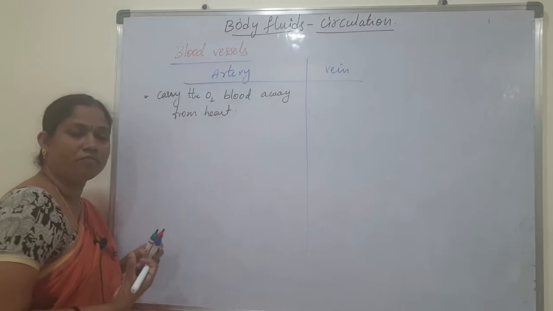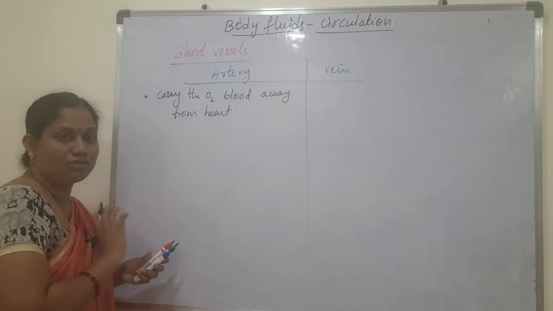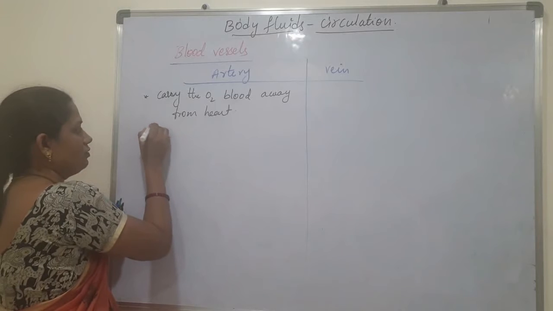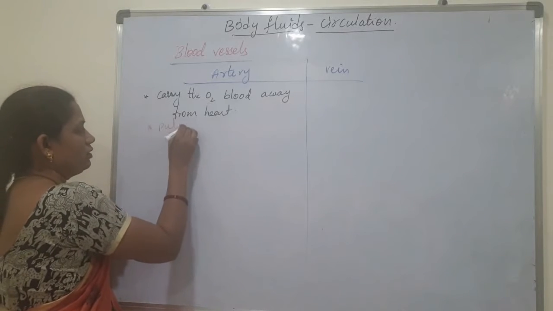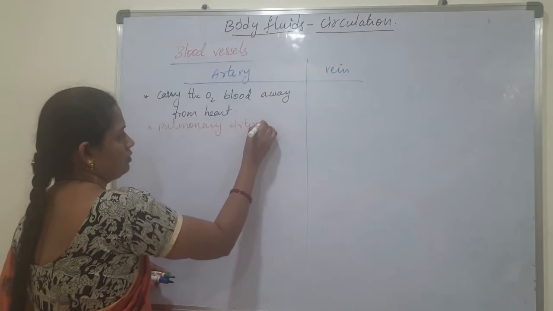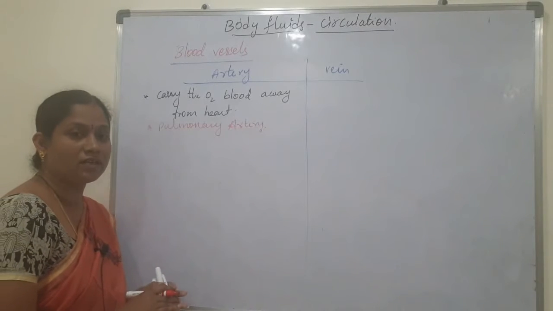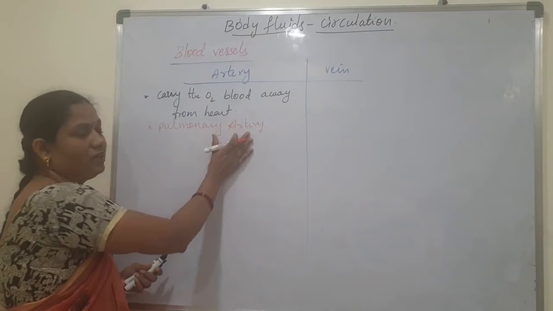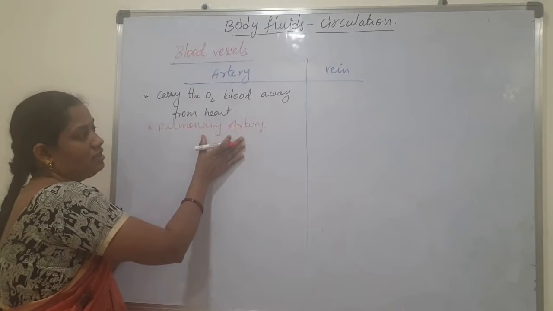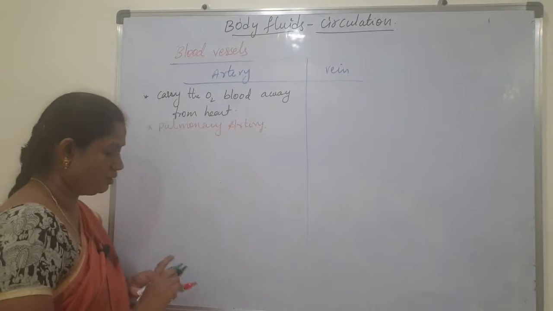So it carries the blood away from the heart to the different parts of the body, except the pulmonary artery. The pulmonary artery carries the blood towards the lungs, but it has deoxygenated blood. But all the remaining arteries carry oxygenated blood.